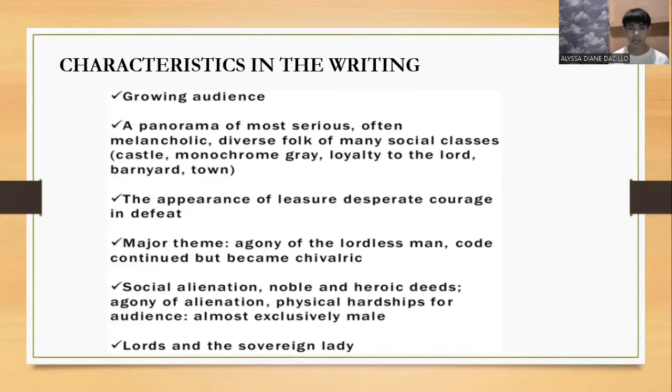Major theme: agony of the lord's man, code continued but became chivalric. Next is social alienation, noble and heroic deeds, agony of alienation, physical hardships, for an audience almost exclusively male. And the last is lords and the sovereign lady. So these are the characteristics of the writing.